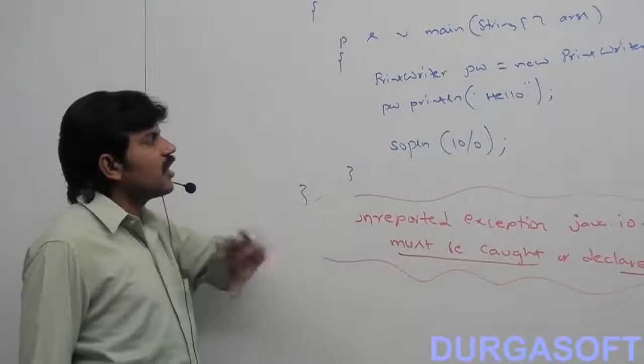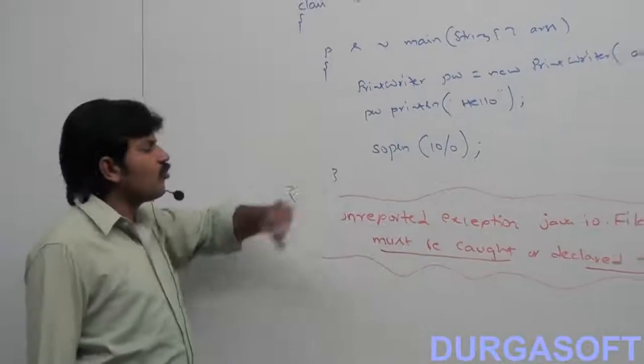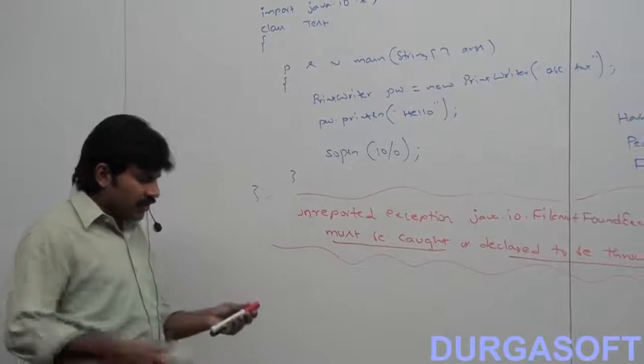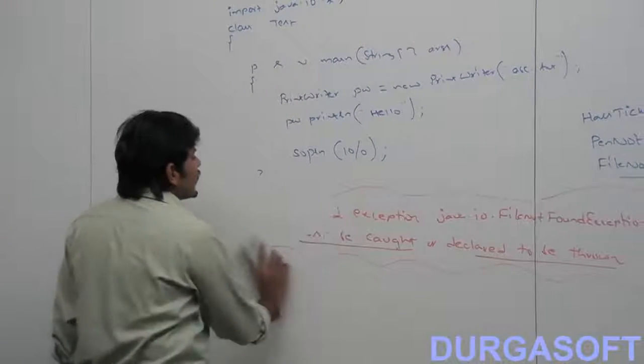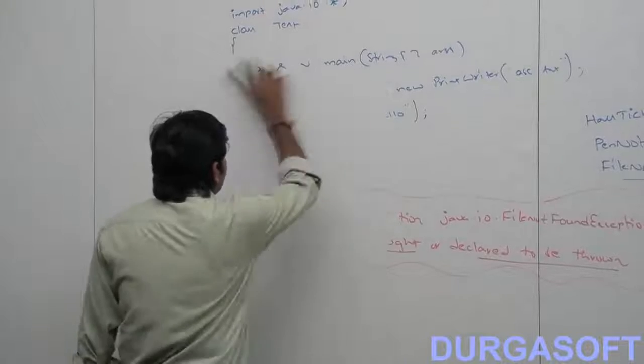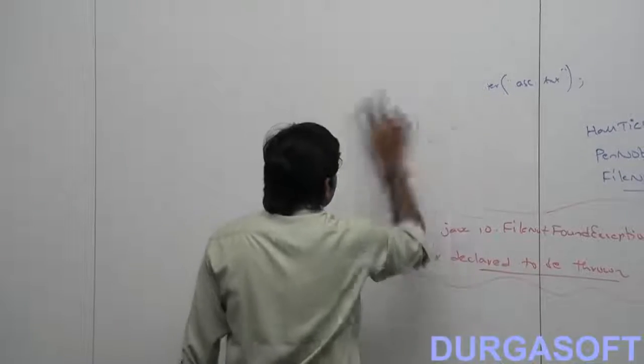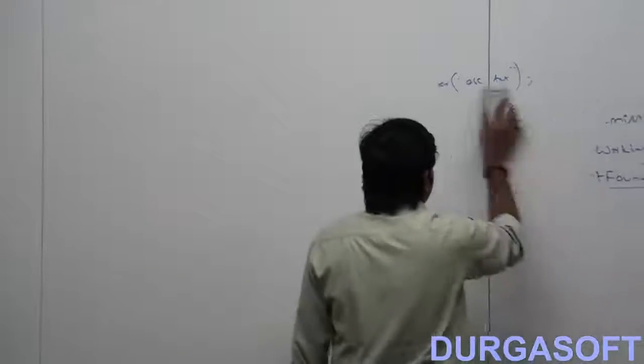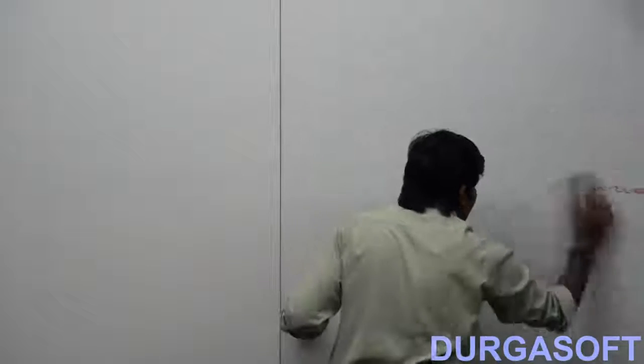The exceptions which are not checked by the compiler are unchecked exceptions. Whether an exception is checked or unchecked, it should occur only at runtime. There is no chance of any exception occurring at compile time. This is the most valuable and important point.